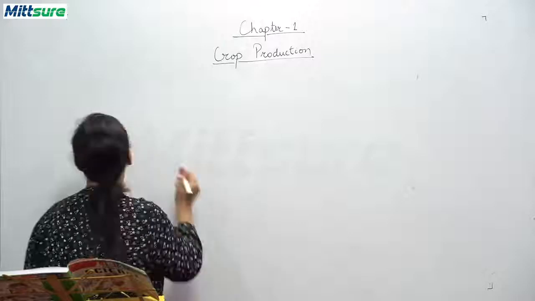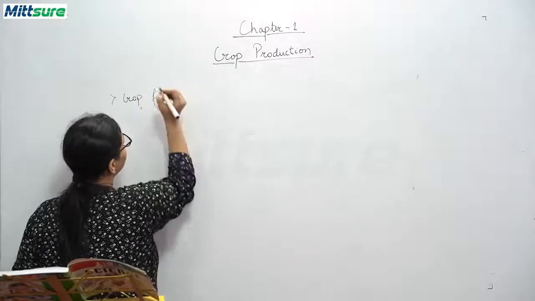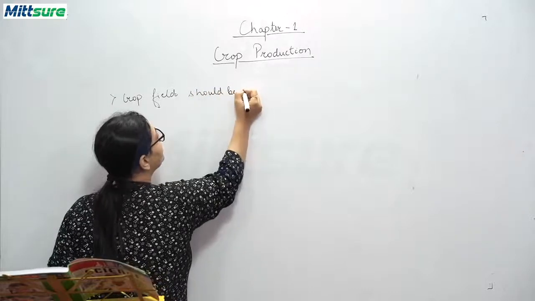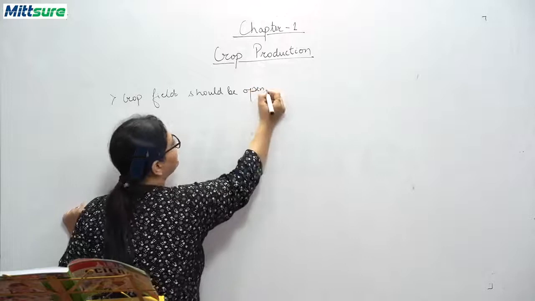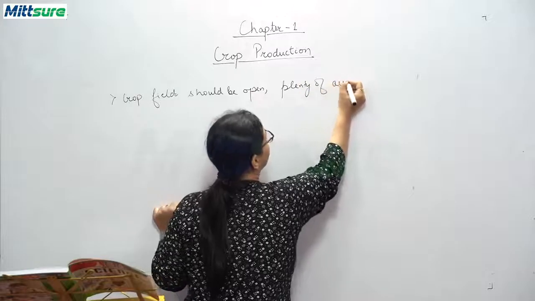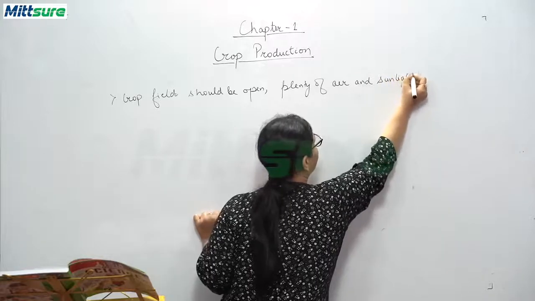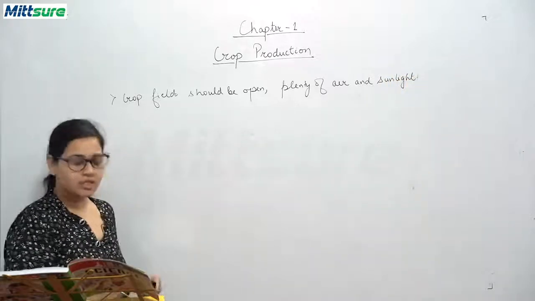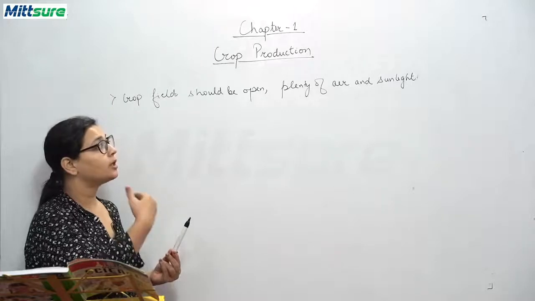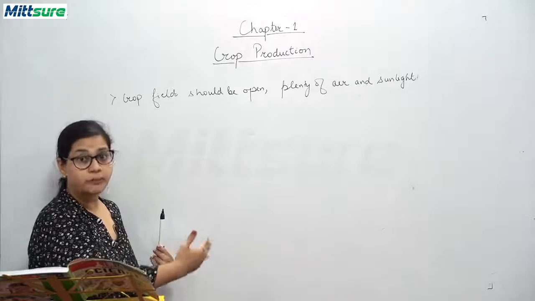So the first thing: the crop field should be open, with plenty of air and sunlight. We can take these types of steps during agricultural practices.